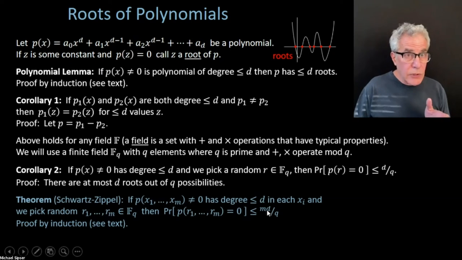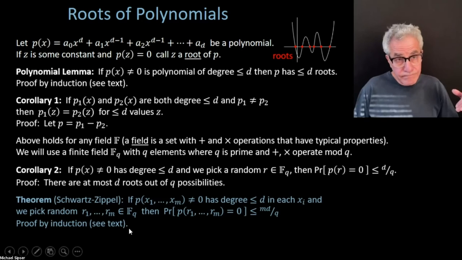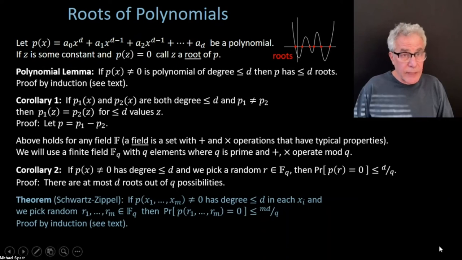It's m times d, the number of variables times this maximum degree, divided by the size of the field. And this is going to come up later for us. This is another fairly simple proof, a little bit more sophisticated than the one we had above, and in fact, it uses that one as a lemma to prove this theorem. We're not going to prove any of that, but I refer you to the book if you're curious.